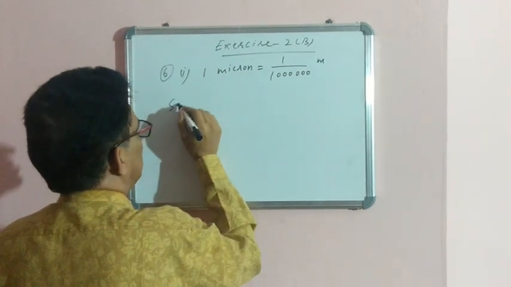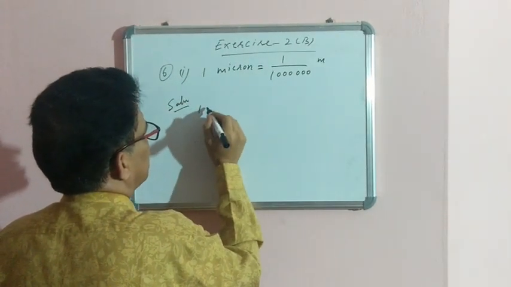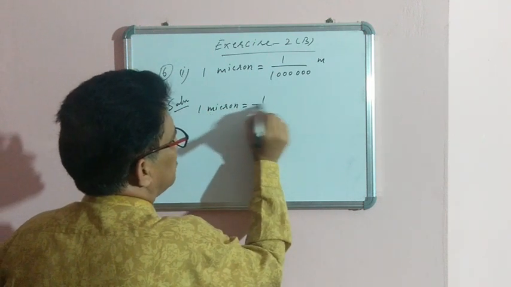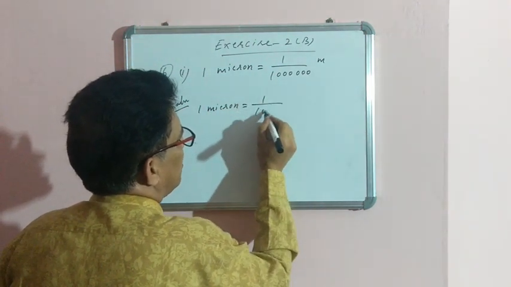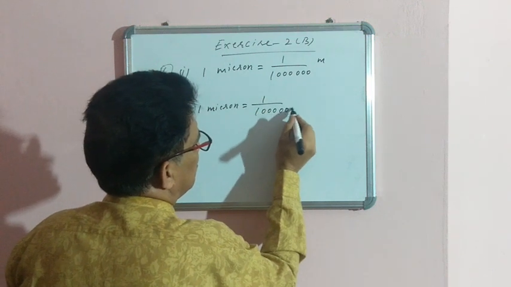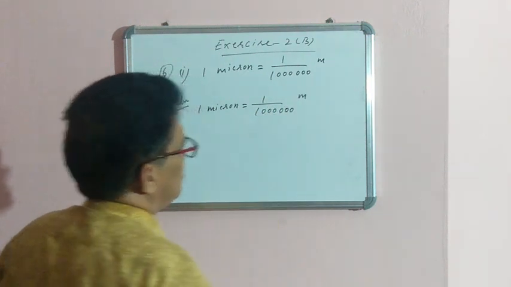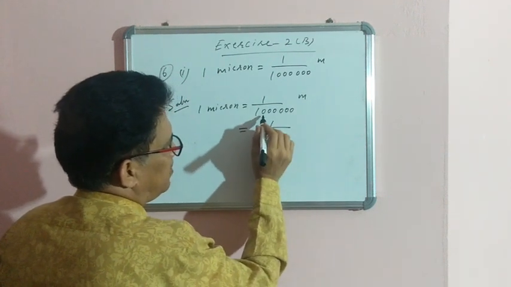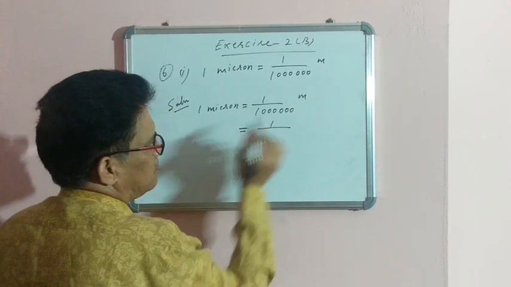So solution: 1 micron is equal to 1 upon, you will write, meter. Then 1 upon how many zeros are there? 6 zeros are there.